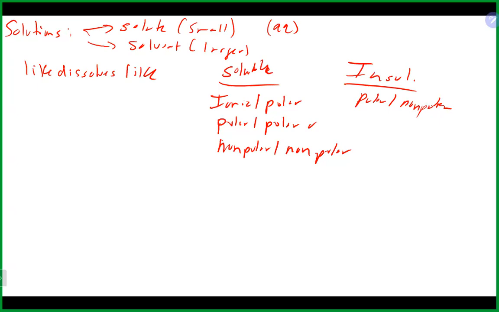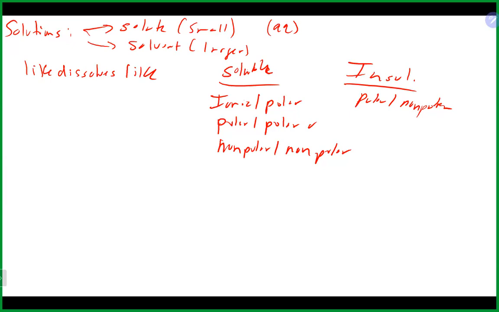Something that's polar, again, is going to try to use hydrogen bonding and dipole-dipole interaction, while something that's nonpolar is going to strictly be trying to use dispersion forces. And as we talked about last time, over a long period of time, there's no way for those interactions to be maintained. Because dispersion forces are so weak, they're going to break apart and not be able to still interact well with the polar molecule.